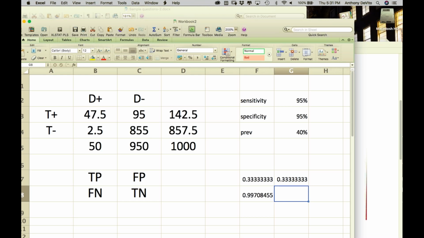Exactly the same test applied to a different population. That was 86% before. The positive predictive value, the likelihood you had the disease if you tested positive, goes way down.